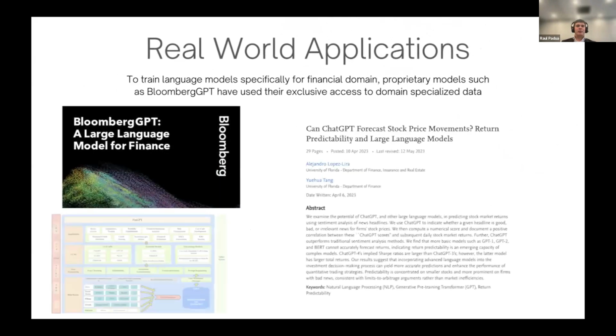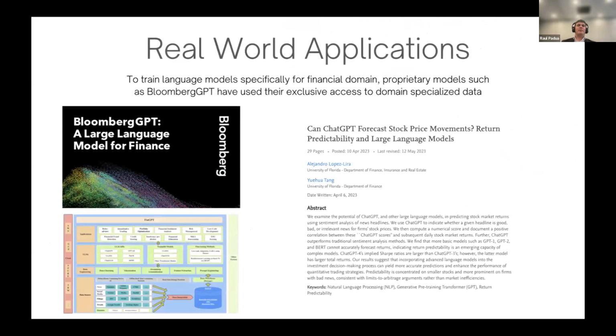So some real-world applications we've seen since last year. Bloomberg released BloombergGPT, which is fine-tuned. It built up this whole model fine-tuning from a pre-trained GPT with a little bit of distillation in a 50 billion parameter model, specializing in Bloomberg's proprietary data.